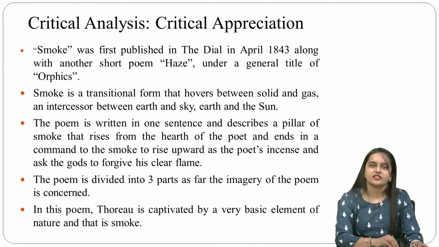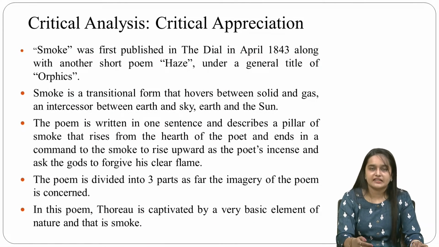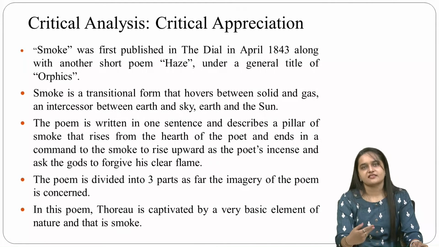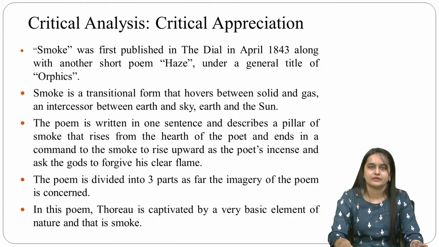The poet creates a contrast of darkness and light with the help of words like midnight, night, darkening, blotting out, and star, day, light, sun, respectively. The contrast gets a combined expression in the word starveiling. The concluding lines of the poem are the central thought of the poem, where the smoke is asked to rise up from the poet's heart in the form of a message to the gods, asking them to pardon his clear flame.